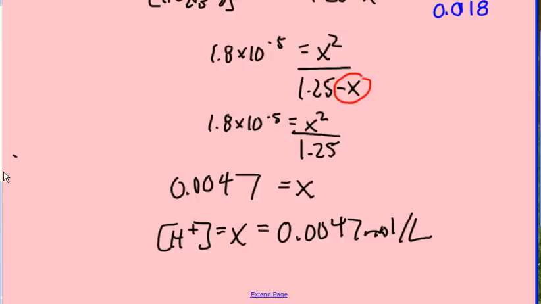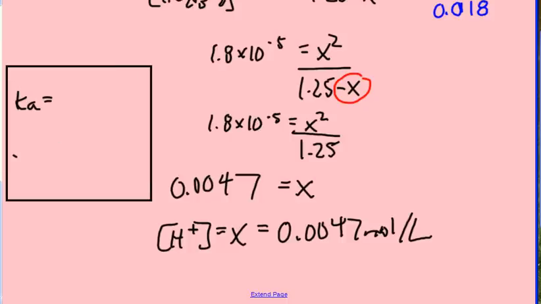It's a good idea to go back and check and see if your assumption was good. So maybe just over here, I'll square off a little area. I'm just going to make sure that the assumption looks like it was okay. This is a really good thing to do, because usually it is just fine.